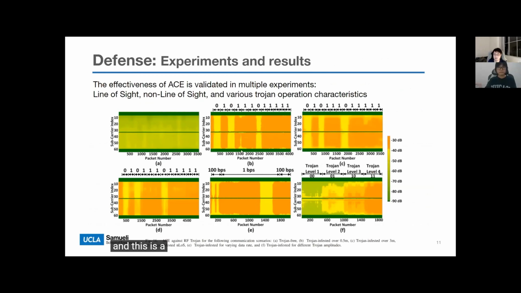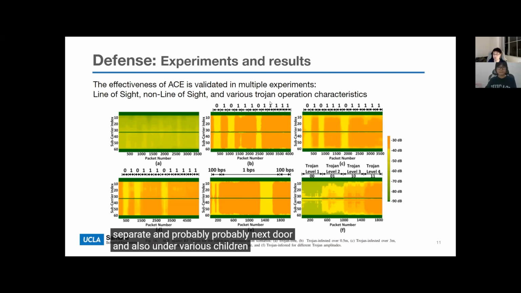And this is a summary of the experiments that the authors have done. They have proved ACE's effectiveness in multiple experiments, like line of sight, basically when the receiver and transmitter are placed next to each other, and non-line of sight, when the receiver and transmitter are separate, probably next door.